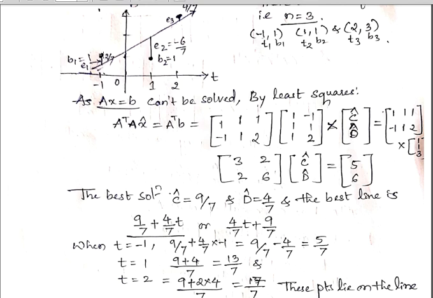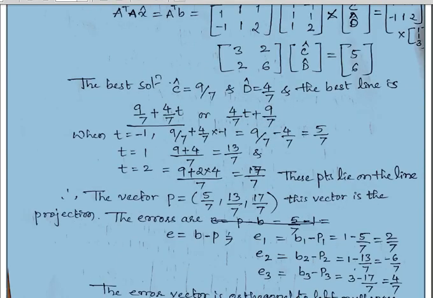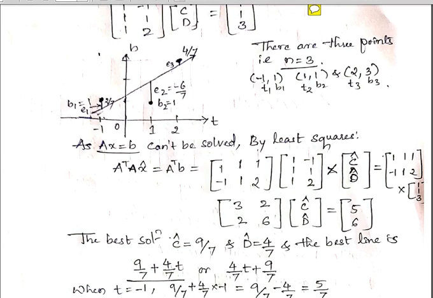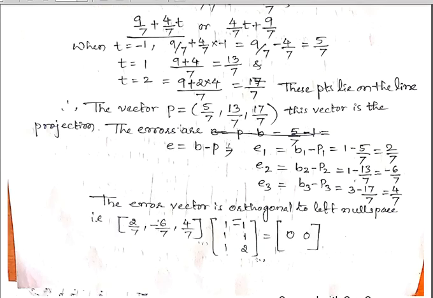Now, as we know these points lie on the line, we can find the error. The errors are vertical; the horizontal errors are not there. It is the difference between B1 and the corresponding point on the line. So we are finding the differences between the points and the line. The line points are already with us, so we find the error, which is equal to B minus P. The first one is B1 minus P1.